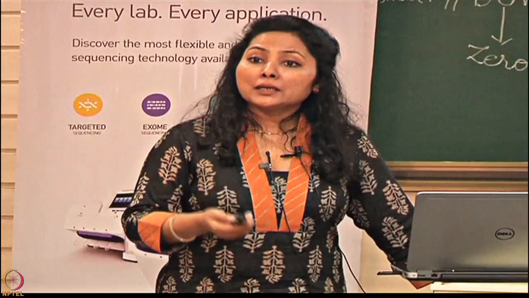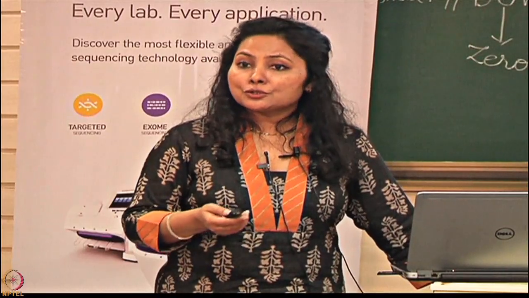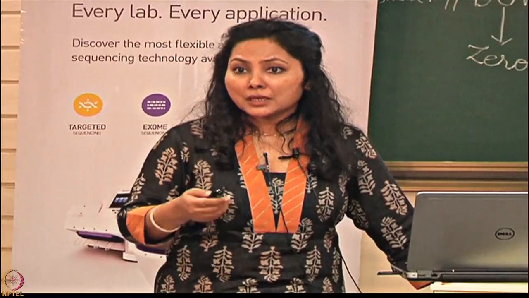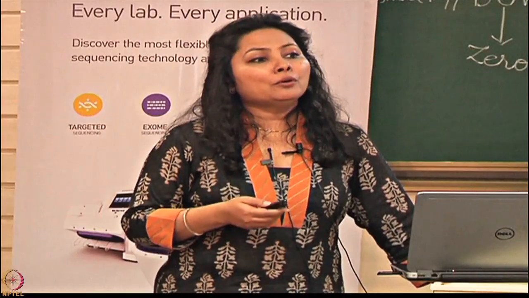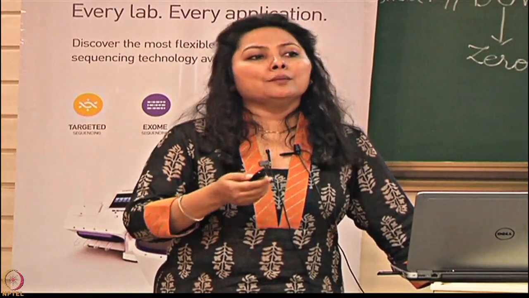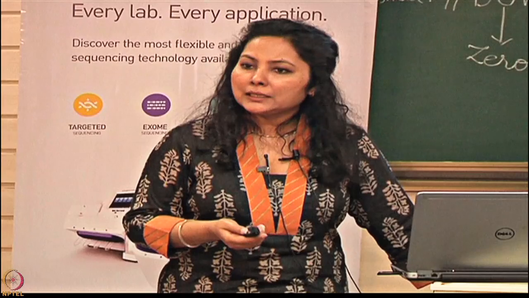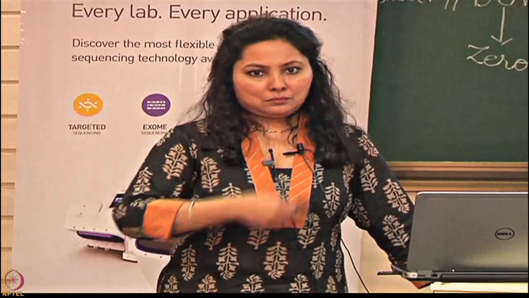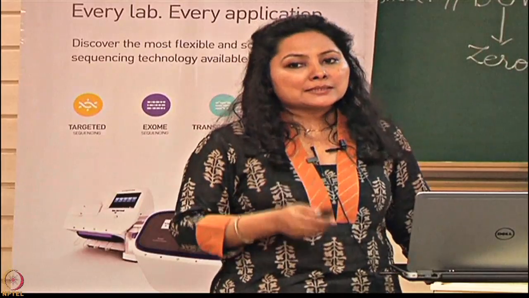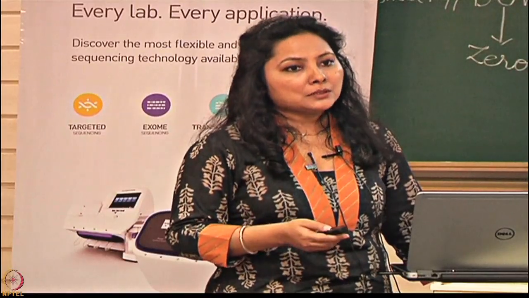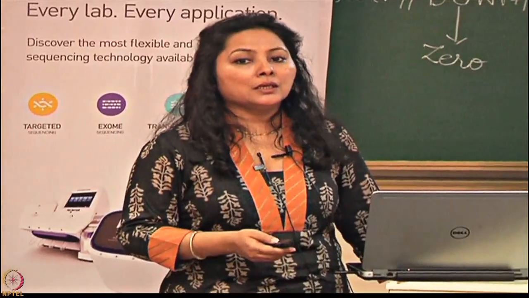For targeted sequencing, you would need to enrich those targets first, and then only you can go for the sequencing. For whole genome sequencing, since your aim is to sequence whole genomes, you do not need any enrichment. You will just extract DNA and you will go forward for library preparation.